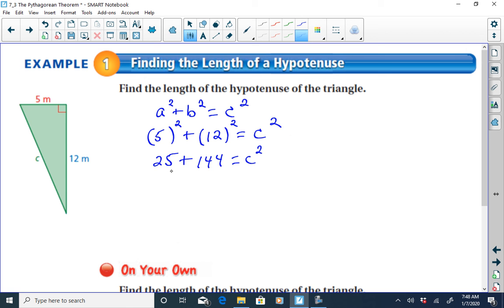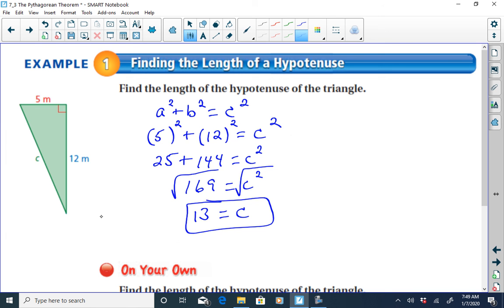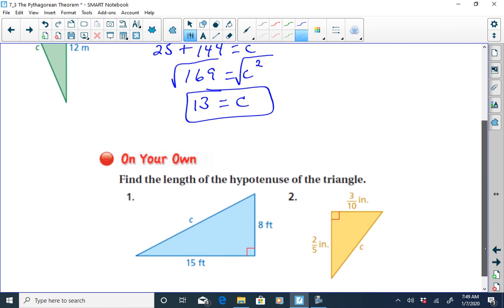When we solve this equation, 25 and 144 is 169. 169 is equal to c squared. Last step here is we take the square root of both sides of that equation, and we get 13 is equal to c. So we're able to find the longest side of the right triangle by using that Pythagorean theorem.